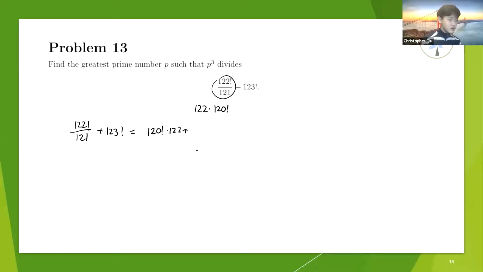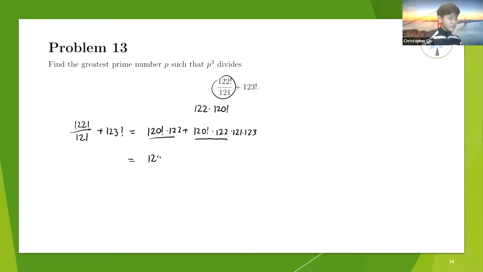So the second term, 123 factorial, we can rewrite as 120 factorial times 121 times 122 times 123. But in this case, we're going to write it in this form. We're going to write 122 first, because we can notice that this number, 120 factorial times 122, can be factored out of both terms.